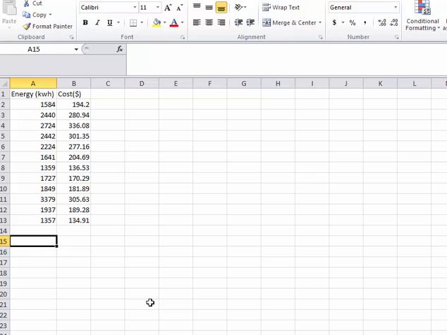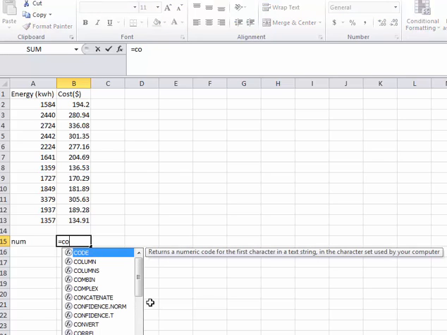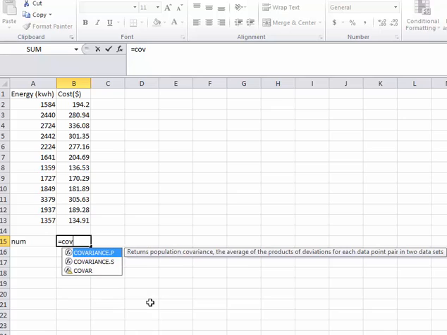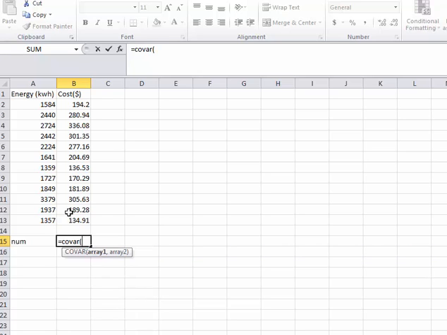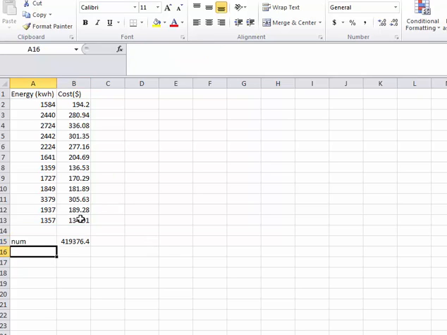So to calculate our beta 1 value, remember that the numerator was equal to the covariance times the sample size. So I'm just going to type in numerator here, and I'm going to type in covar and select our two data points, multiply it by our sample size, which is 12, and our numerator is equal to that.